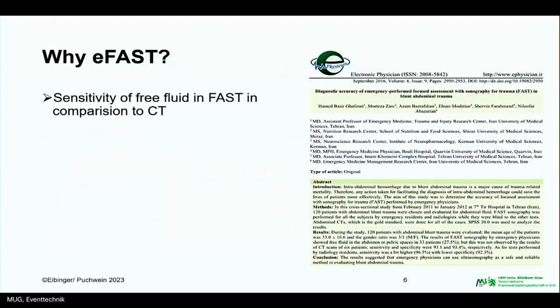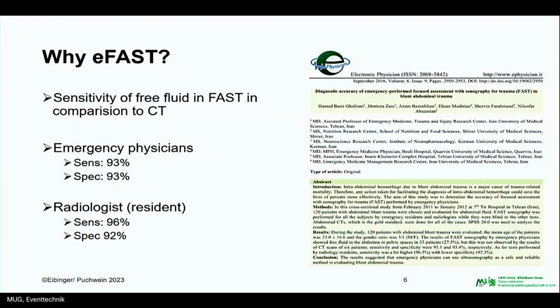There was another study which only take a look at the free fluid in FAST in comparison to CT scan, and they make a comparison between emergency physicians and radiologists. Yeah? So the emergency physicians found more than 90% of the free fluid in the abdomen.